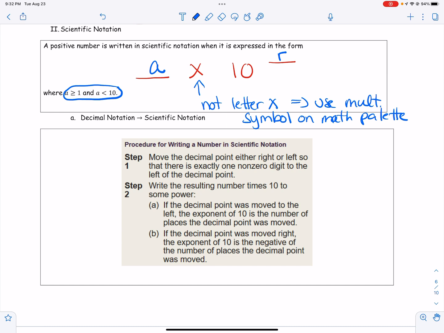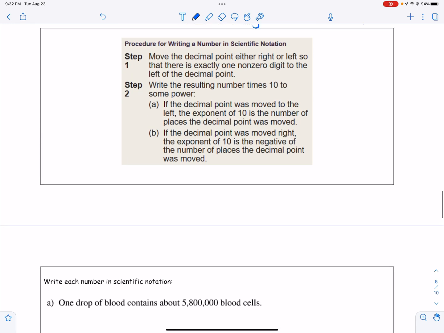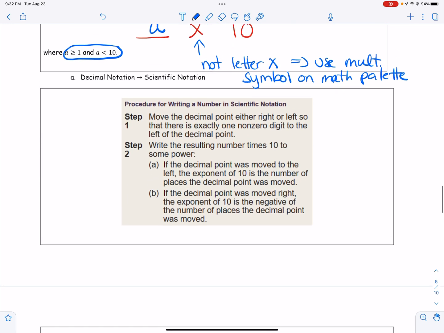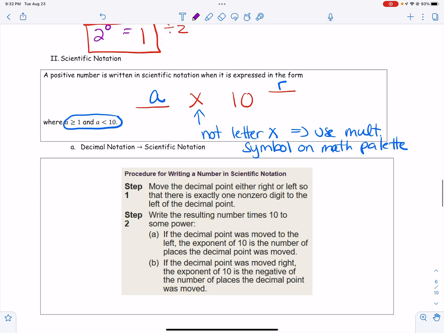So there's some procedures here that you guys can read through. The way that I look at it is I give you some rules to give you guidelines about the exponent. Let me make a note here, okay? So let's go up here. If the original number is greater than 10, then R will be positive, okay?